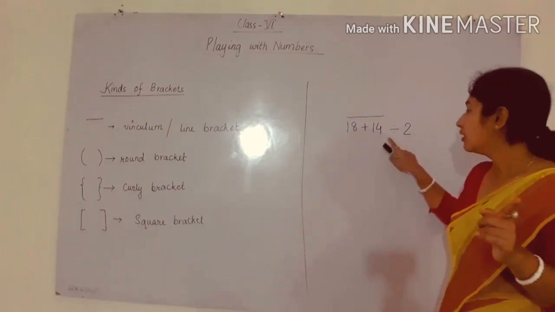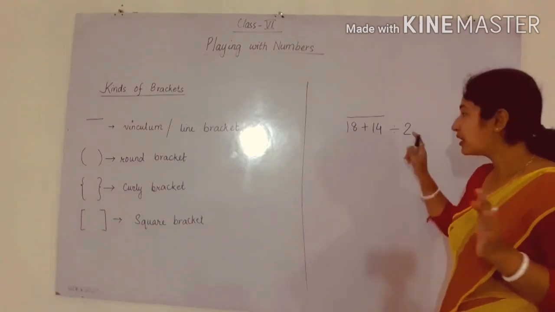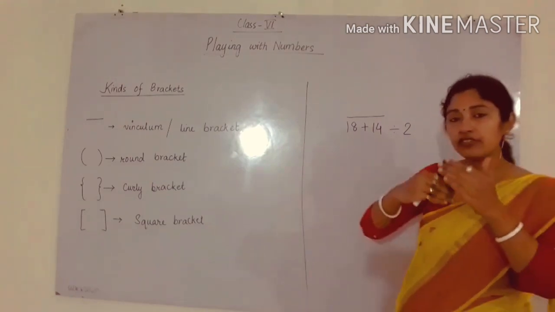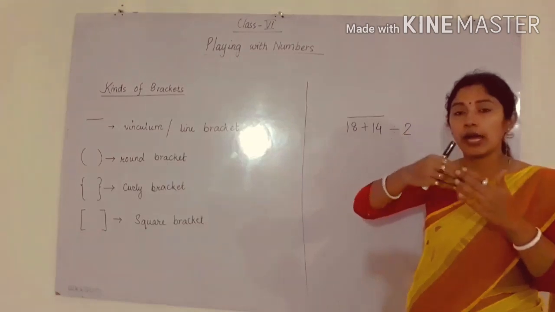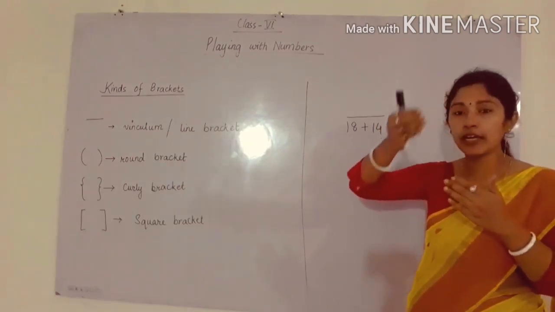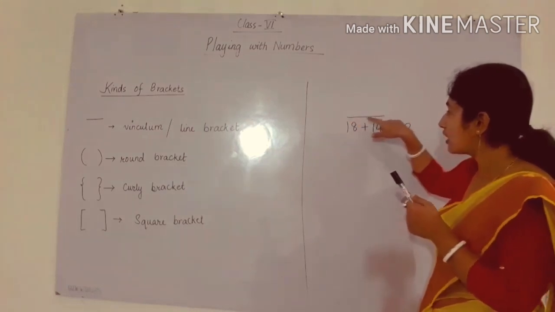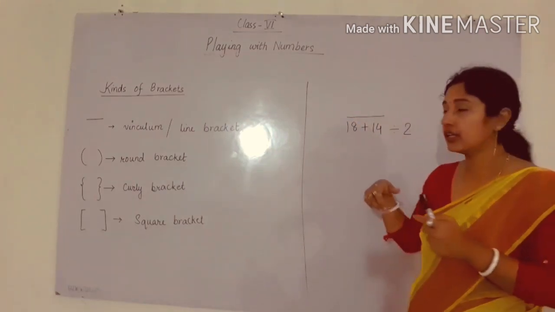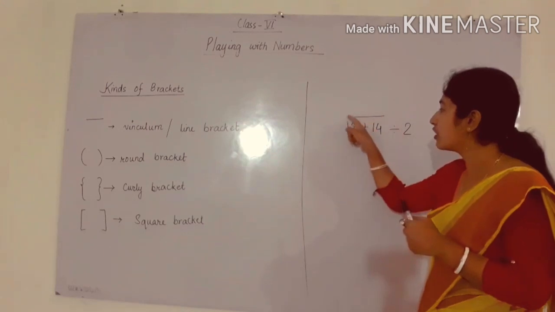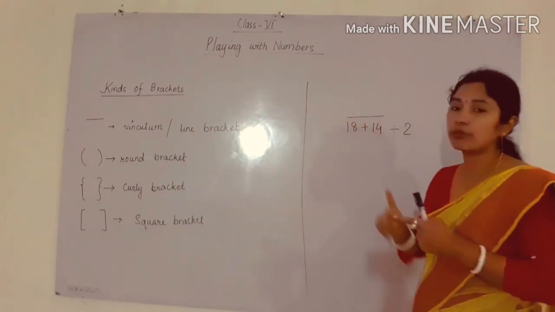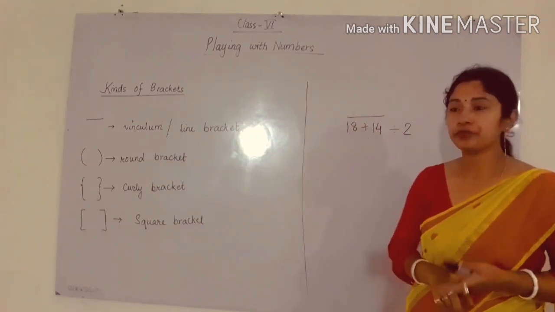But above that operation we have a bracket, and this bracket is called thin column bracket. That means you have to solve this one first. So thin column bracket should be solved first.